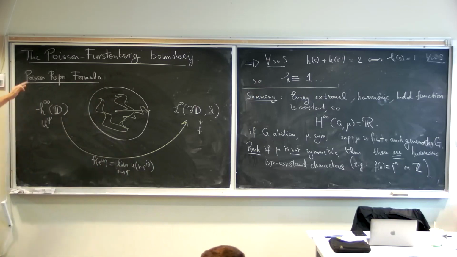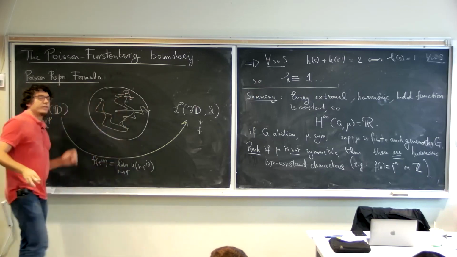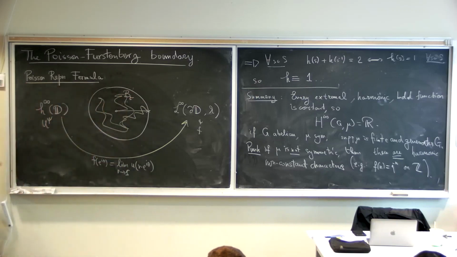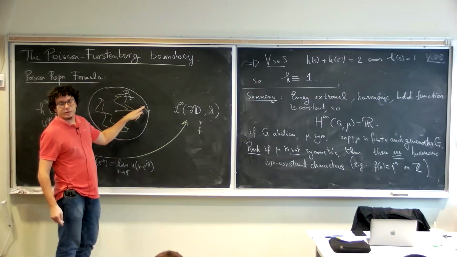Again, you can take other types of limits, but probabilistically, if we know how to define the Brownian motion on this manifold with negative Riemannian curvature, then you could take the average of the function along the Brownian path.